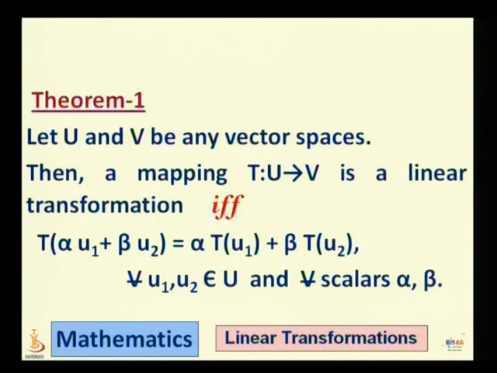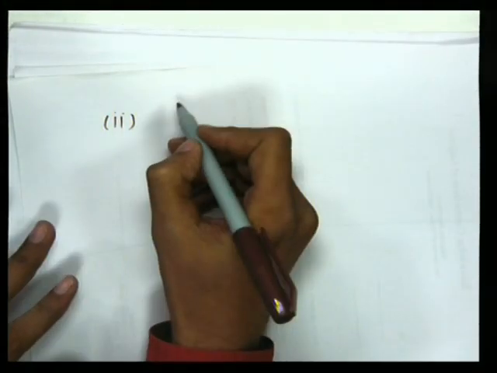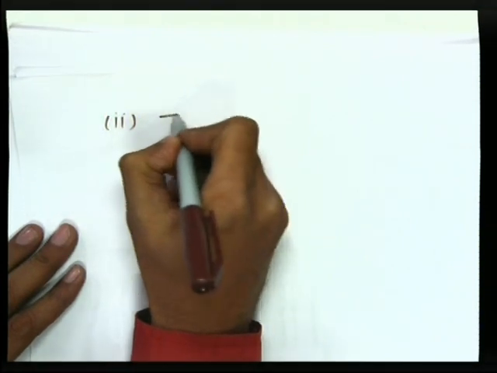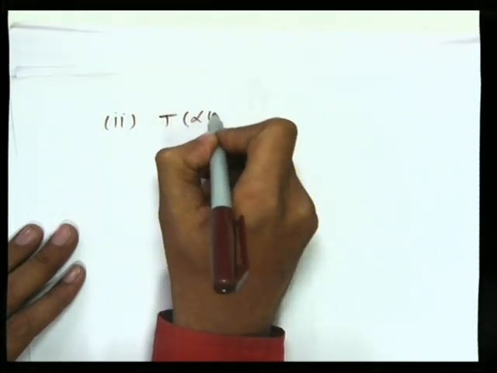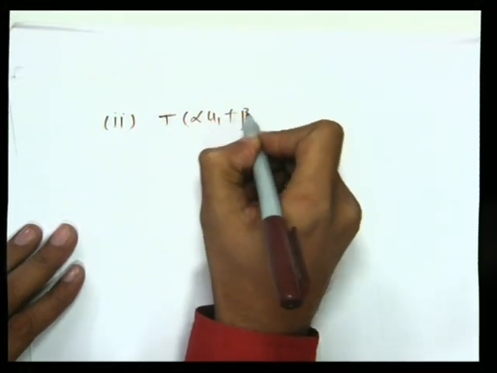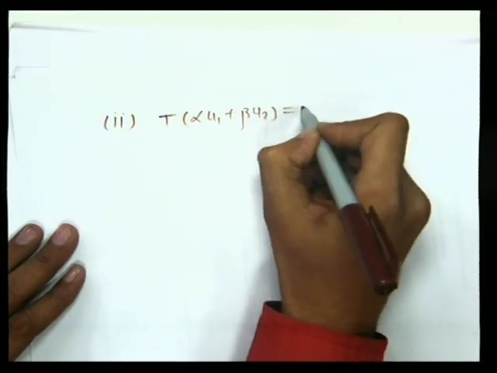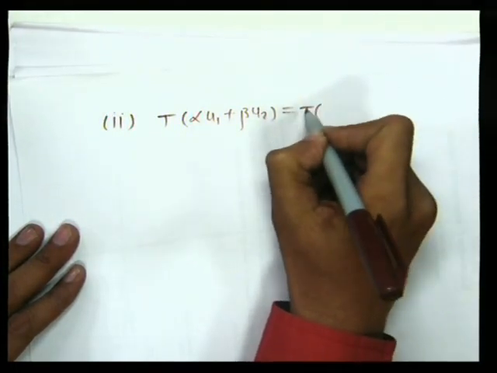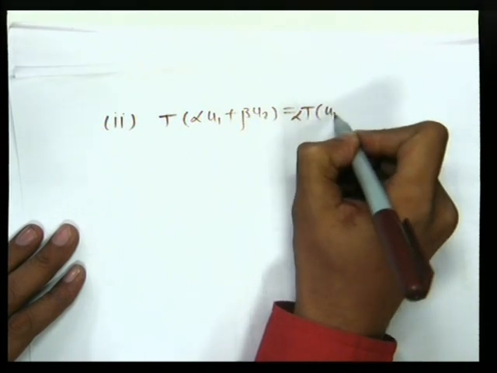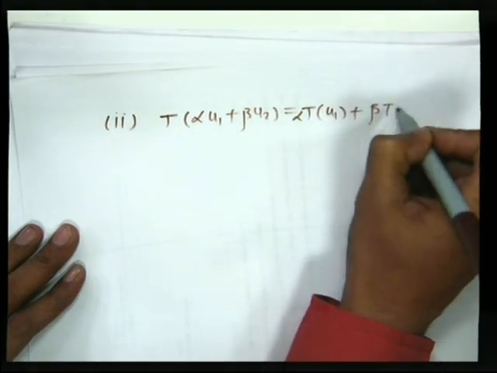Now we check the second condition. We have T of alpha u1 plus beta u2 equals alpha times T of u1 plus beta times T of u2.